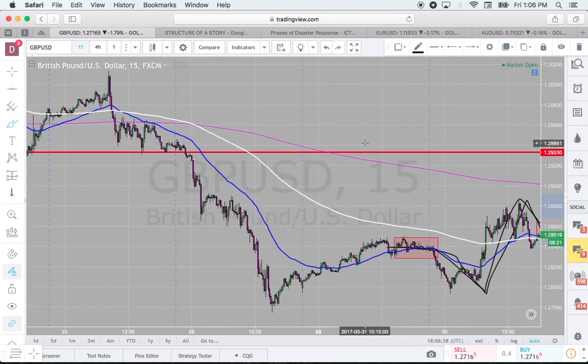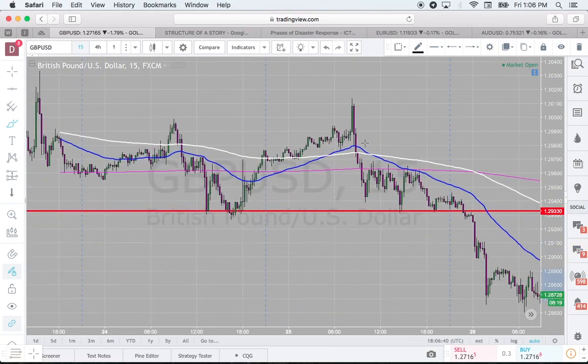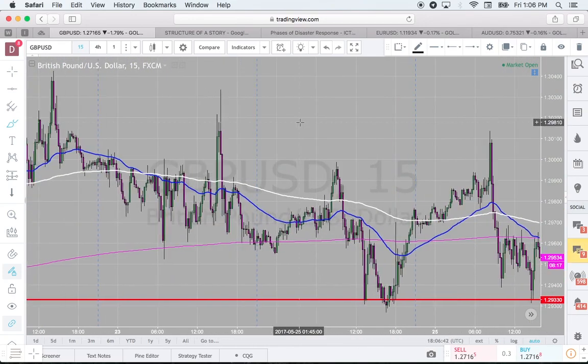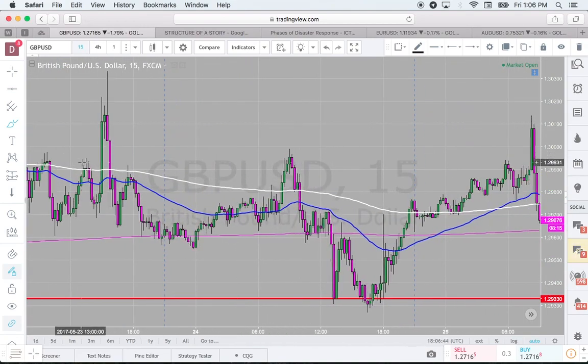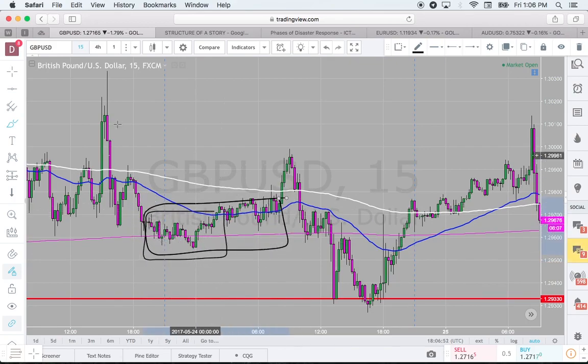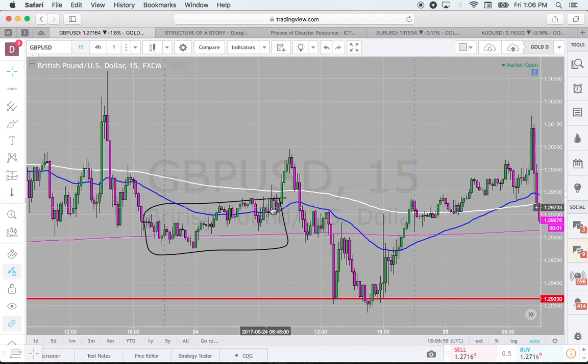And basically this whipsaw is jamming up. Its job, basically, the dealer's job, is to create a mass of liquidity in here.